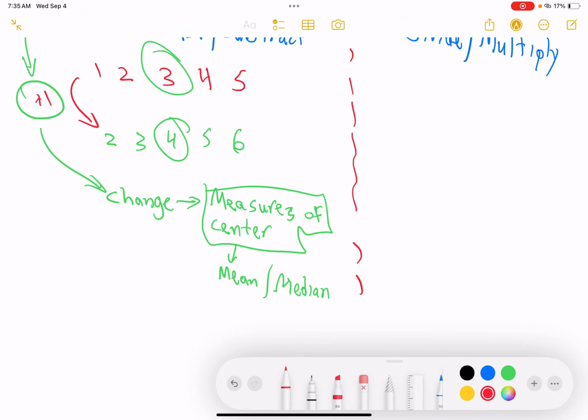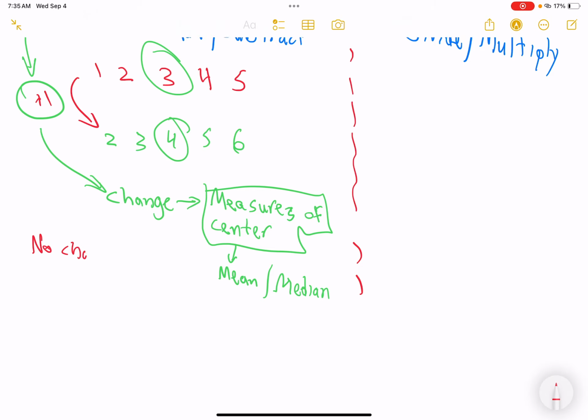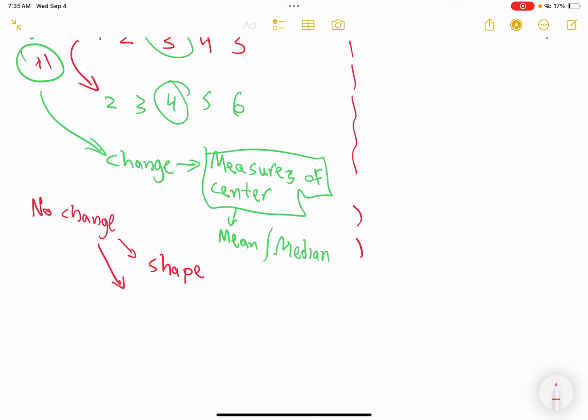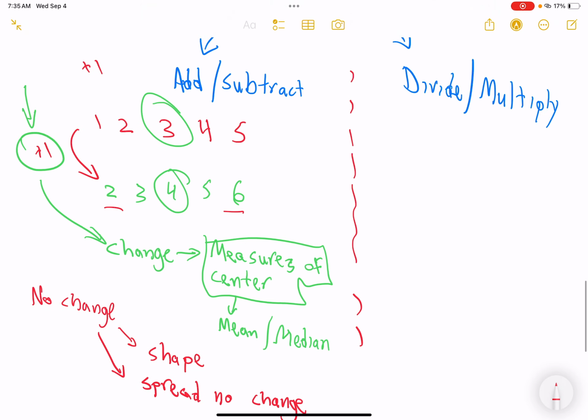So what does not change? Shape will not change. It'll still be the same shape, but stretched over a different region. And the range, right? So spread will not change. Why? Well, because my first and my last data point all changed the same way.